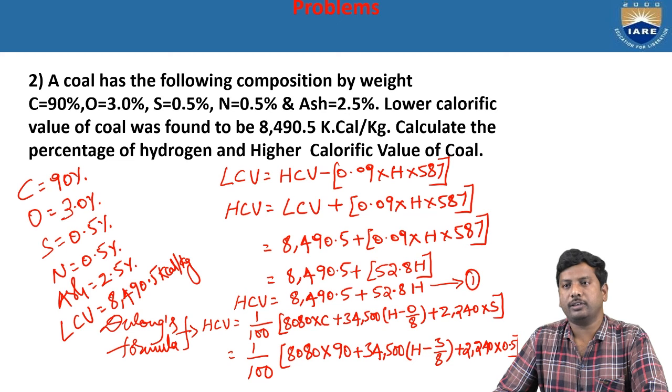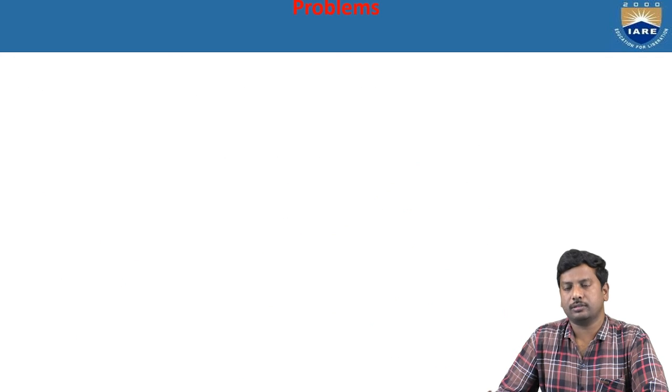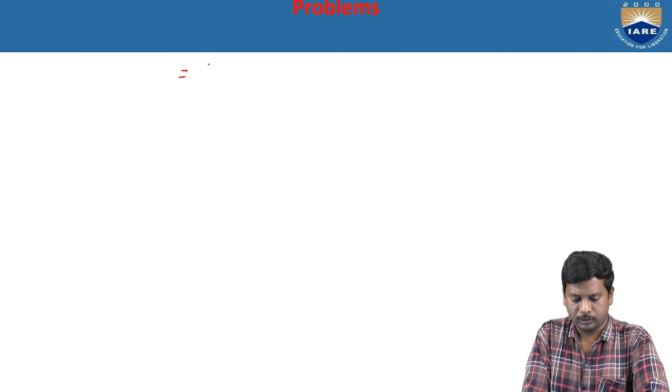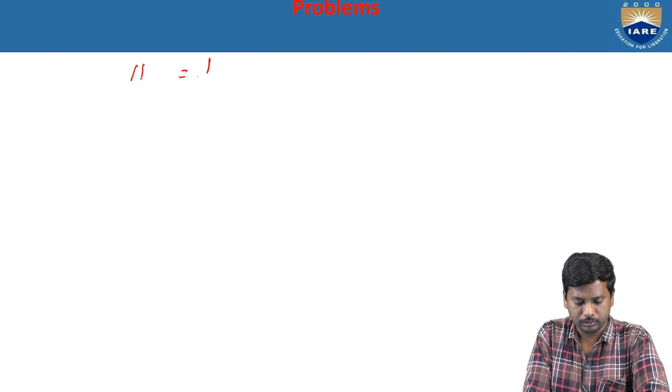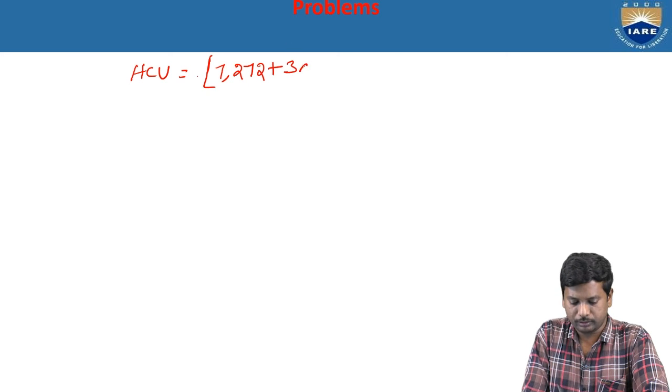Now we see the calculation. The value becomes HCV is equal to nearby 7,272 plus 345 H minus 129.4 plus 11.2.